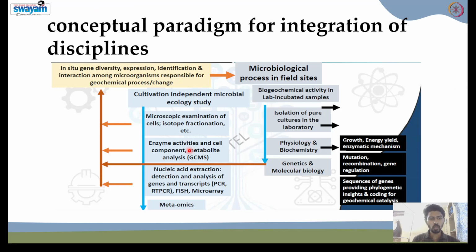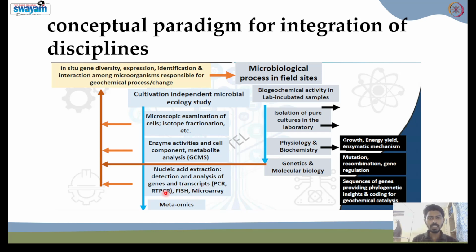Okay. So we have been seeing the cultivation independent technique where nucleic acid extraction can be done, and it can be detected using various techniques like microarray, metagenomics, FISH technique, which is fluorescent in situ hybridization technique, and PCR and RT-PCR.